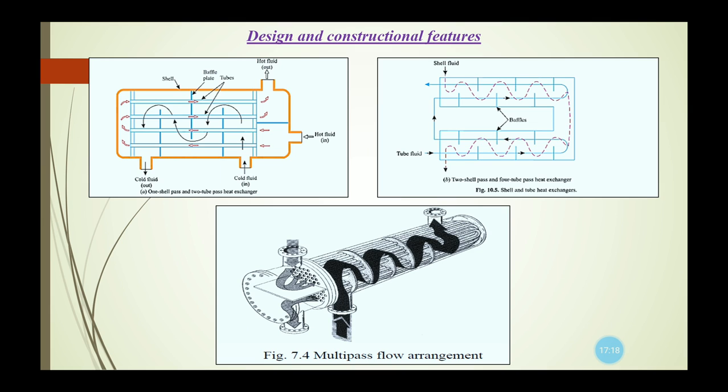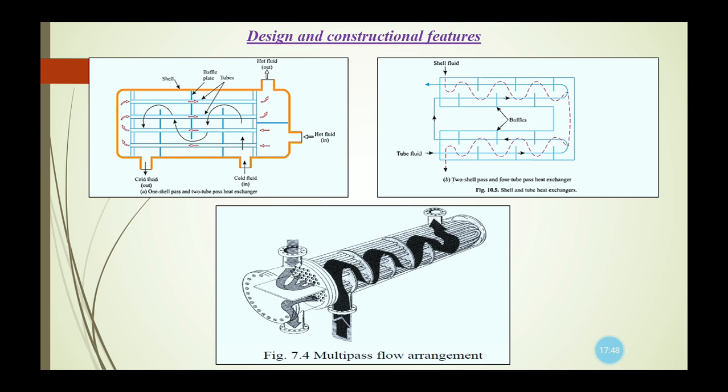Next, based on design and constructional features, heat exchangers can be classified as the concentric tube, the shell and tube heat exchanger, multiple shell and tube passes, and the compact heat exchanger. These are the four different classifications based on the design and constructional features.